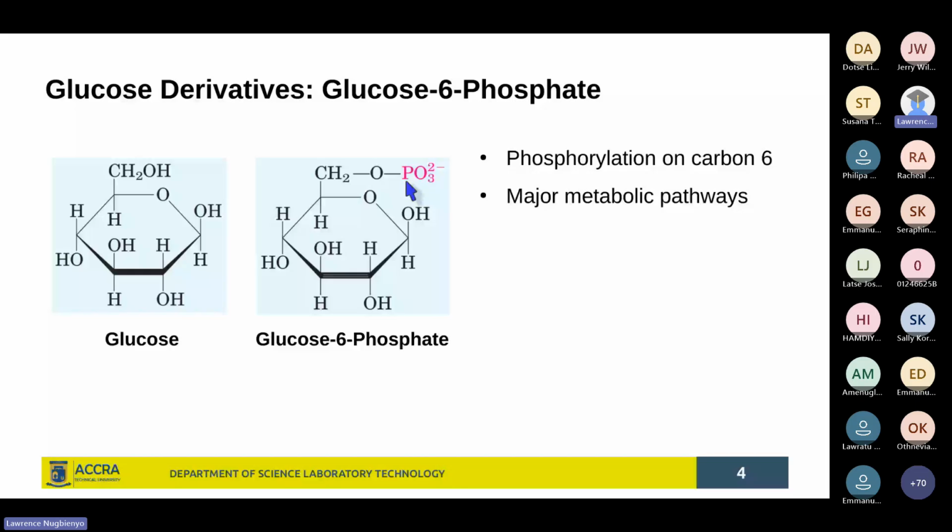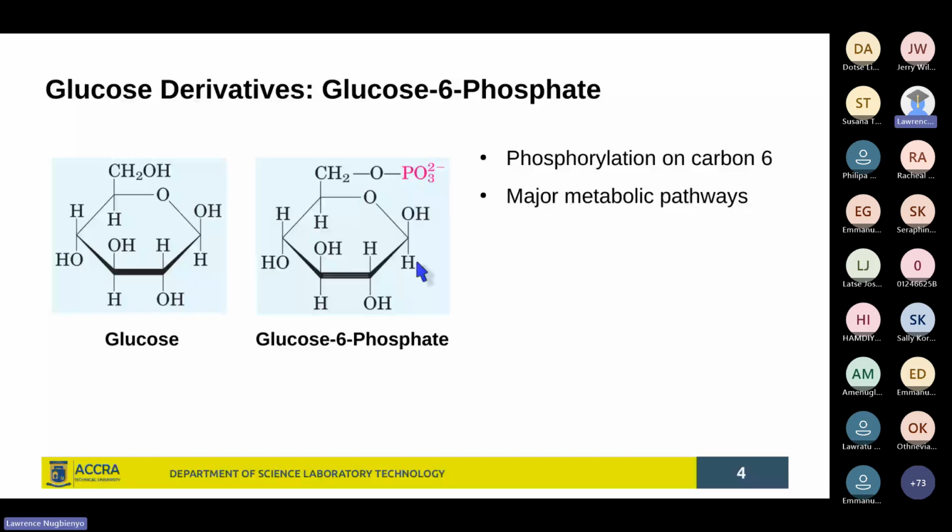And this glucose derivative you will come across in major metabolic pathways of carbohydrates. So if you are looking at the metabolism of carbohydrates and you look at the process of glycolysis, that is the breakdown of glucose.